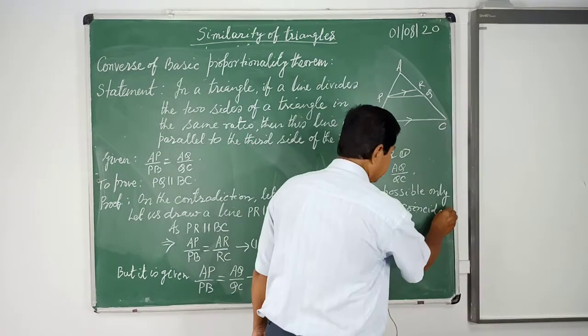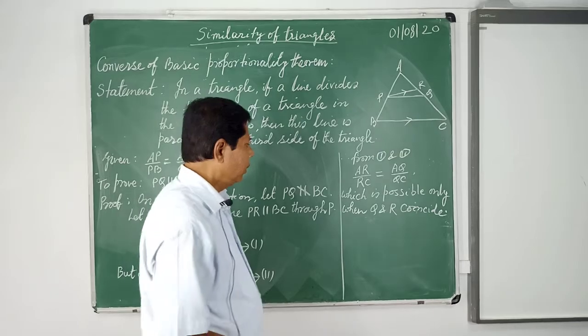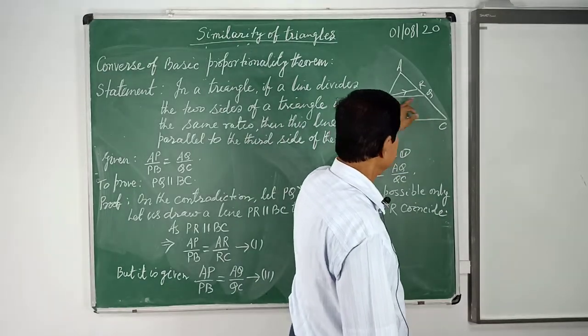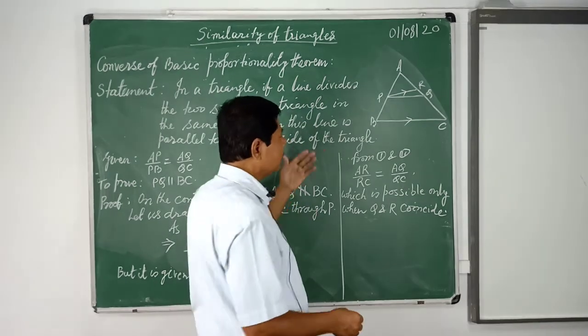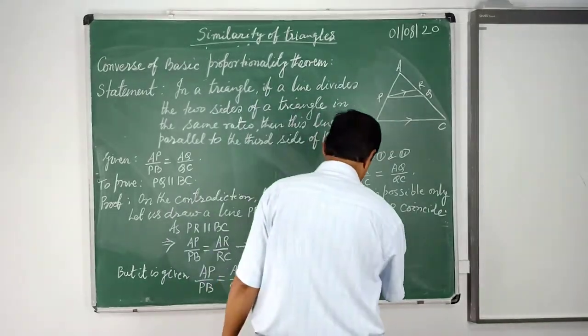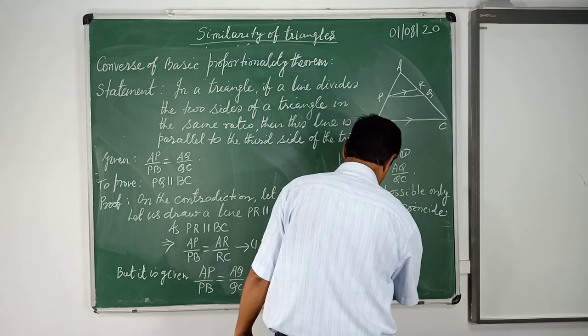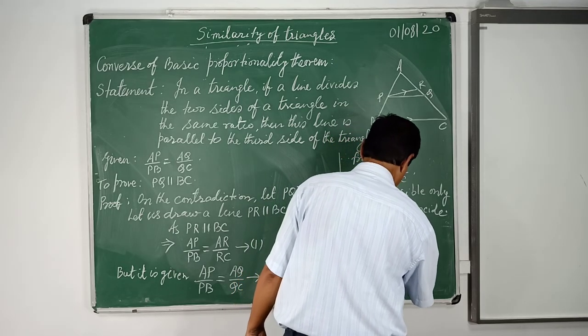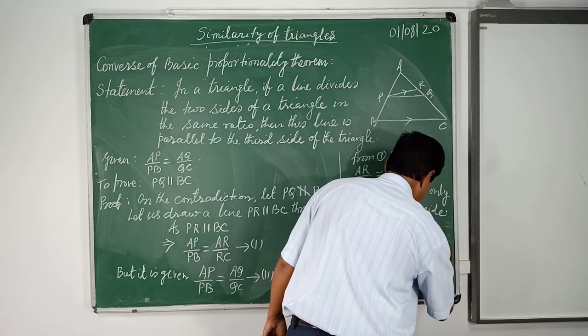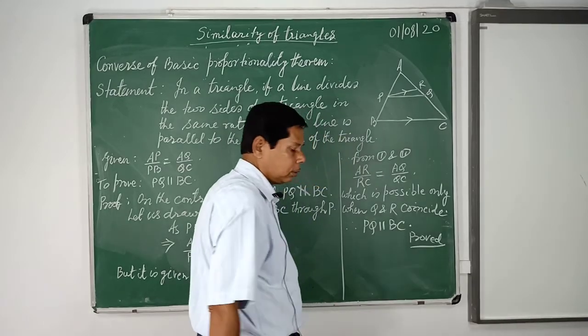Coincide means they are the same point. That means R and Q are the same point. That means PR and PQ are the same line. As PR is parallel to BC, therefore PQ is parallel to BC. Therefore we can write PQ is parallel to BC. Proved. This is theorem number 2 for this chapter.